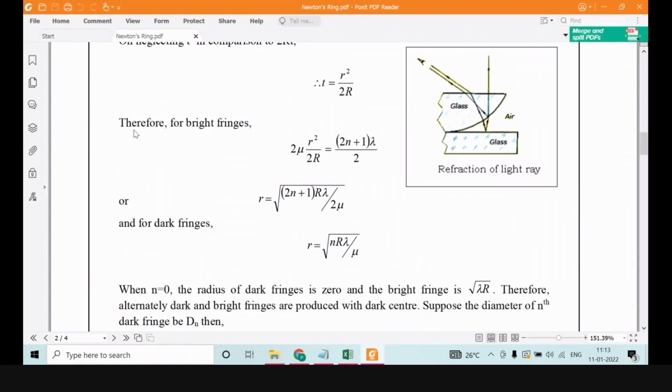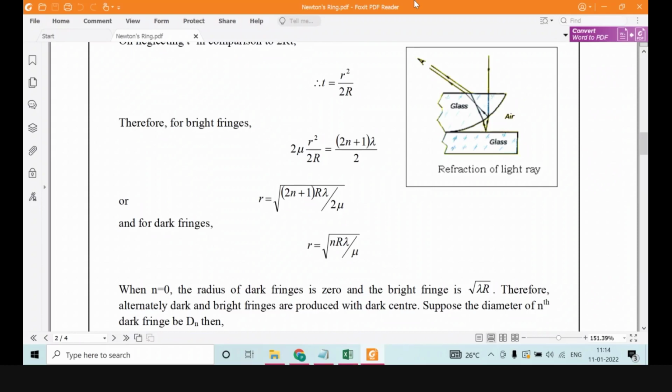Can you see my screen? Yes, sir. Okay, so in this experiment, we are going to measure the wavelength of light from different lamps, and then we will find out the thickness of the thin film using the Newton's ring method.